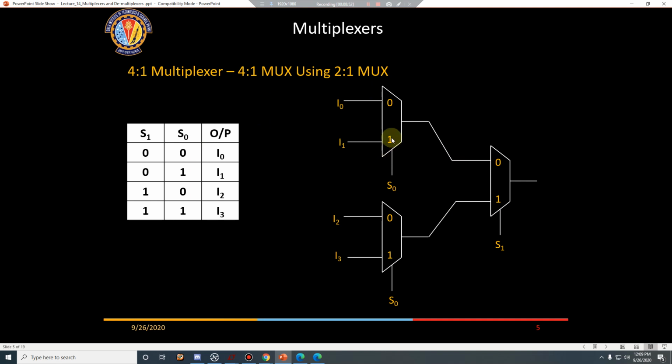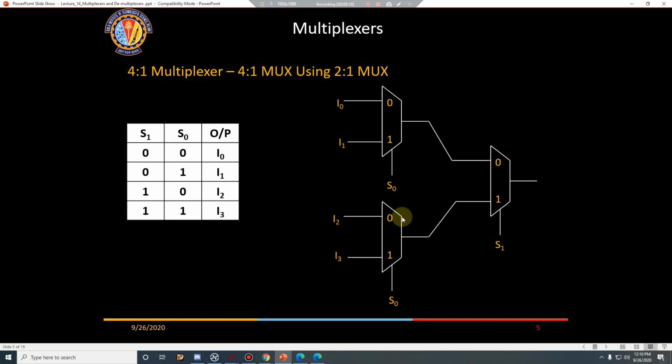Generally when we implement it with gates, up to 8 into 1 mux is okay. We don't go beyond that with direct implementation, because it becomes very heavy in gates. If there is a requirement of more than 8, we generally use 2 8 into 1 muxes, or maybe 3 8 into 1 muxes to generate 16.